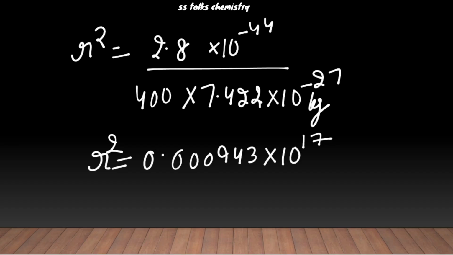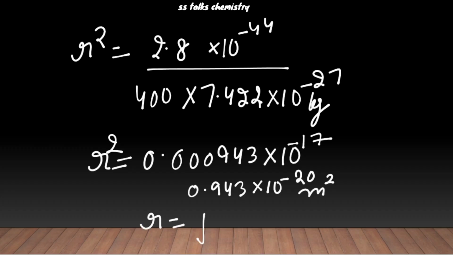So firstly it is 10 to the power of minus 17, or we can write it as 0.943 into 10 to the power of minus 20. This will be in meter square. Now our value will be the root of this 0.943 into 10 to the power of minus 20, right? This you will be getting in meters.